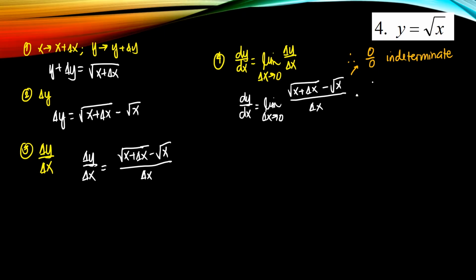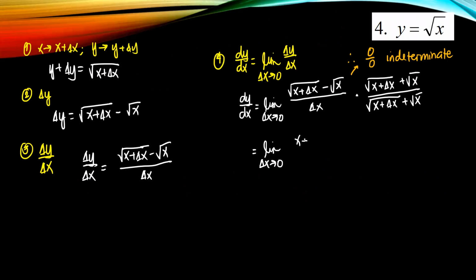Maybe what I can do is I multiply by the conjugate. You multiply by the conjugate whenever it becomes like a 0 over 0 or something like minsan infinity over infinity. So look at the top. Since I'm still not substituting, I should still write the limit expression.